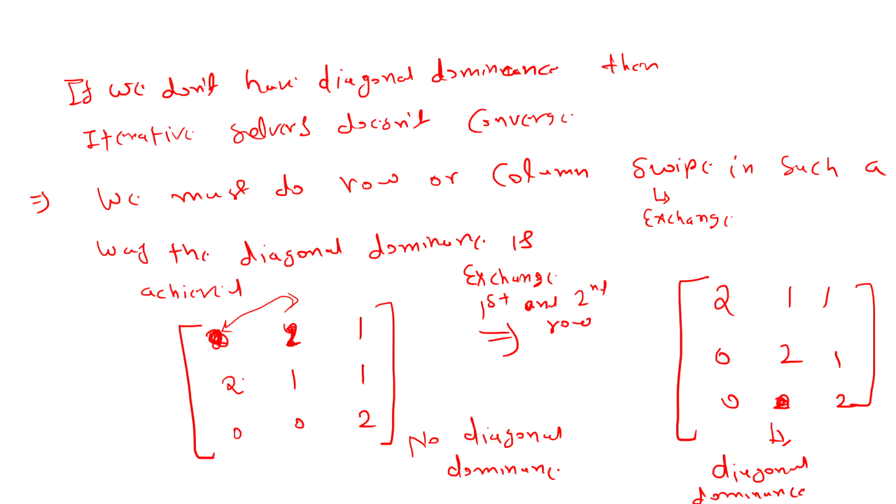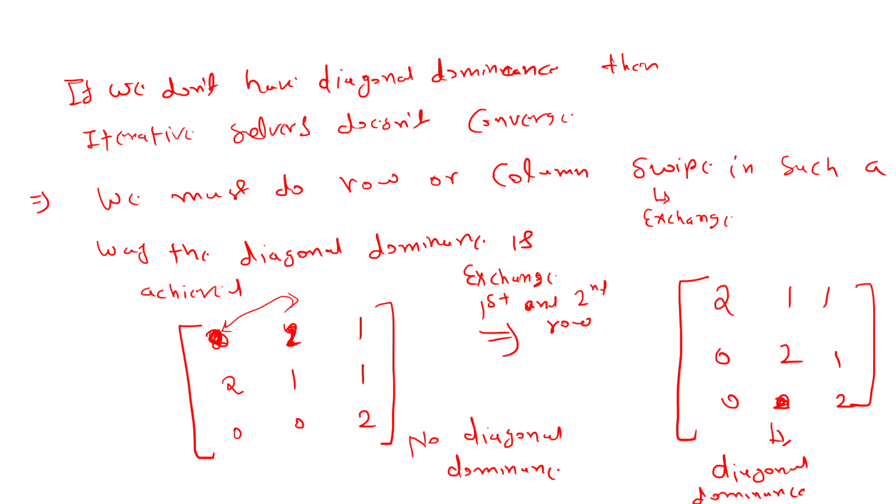But if we do the column swap, then we need to make sure that the vector x changes, and if we do the row swap, then the vector b changes, which we have already talked about in the Gauss elimination method when we tried to find the lower triangular or upper triangular matrix via row operations.